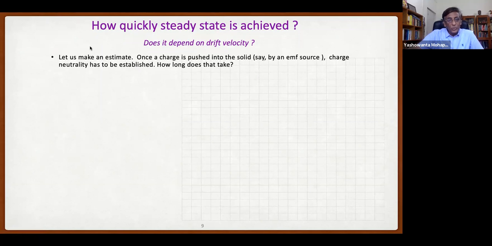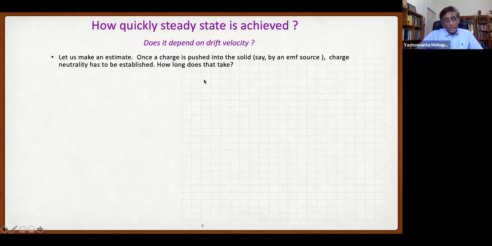Because we know in electrostatic condition, if I put a charge inside the metal, then those charges go to the surface. How long does that take? It is a similar question.